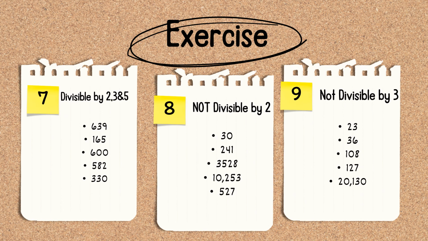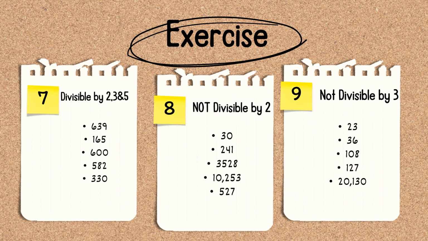First of all, it doesn't apply the rule of 2 because it is not an even number, and it doesn't apply the rule of 5 because it doesn't end with 5 or 0. For that, we will not choose it. 165 applies to the rule of 5, but doesn't apply to the rule of 2 because it is an odd number. So this number will not pass. We will not choose it.